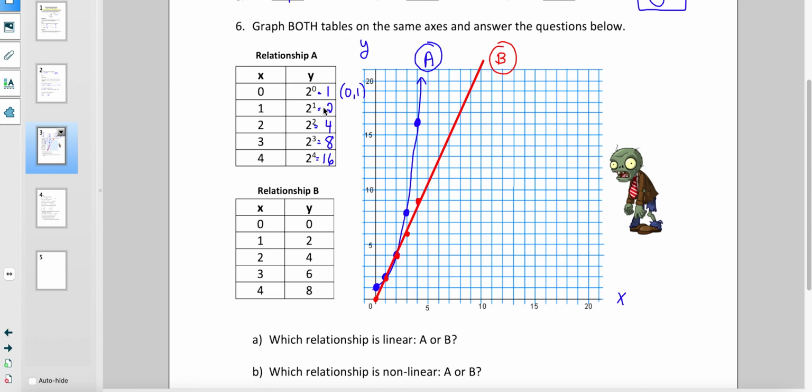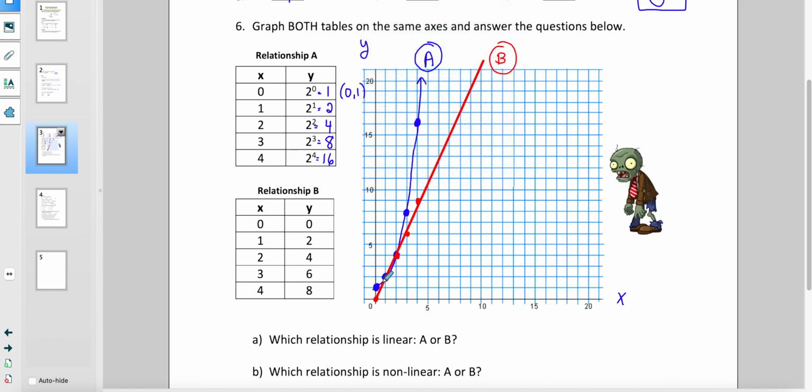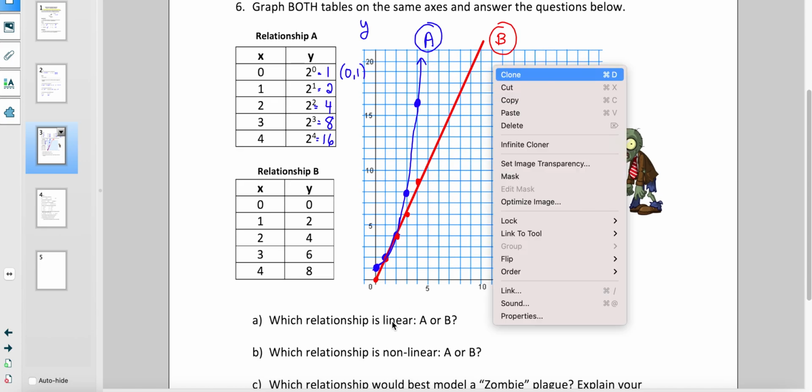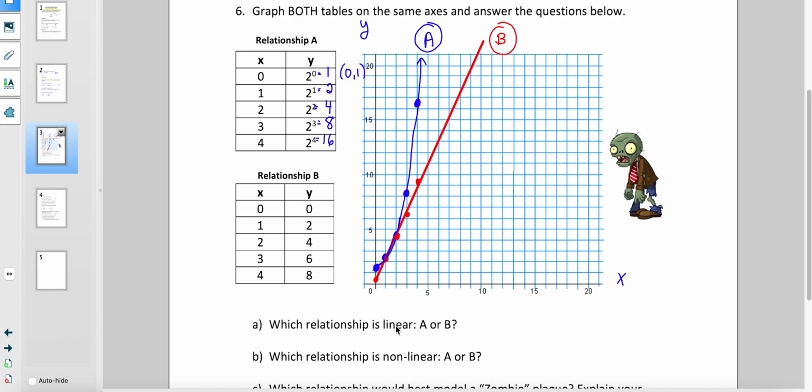So we graphed both of these tables of values on the same axes. Let's show you the difference here. This one starts the same, but then it curves and it grows quickly. A, B goes up by the same amount each time. So then it asks you which relationship is linear.